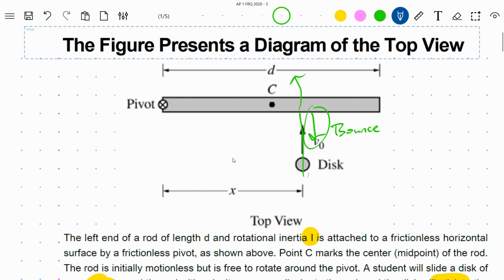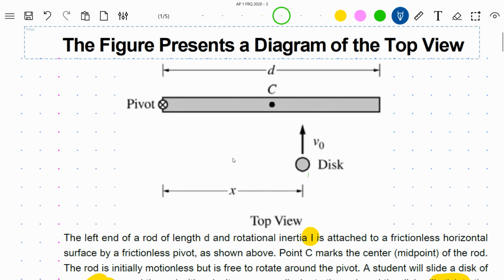So in terms of angular momentum, as well as just linear velocity, the direction would reverse. And of course, that's a much greater change in angular momentum than a mere reduction in angular velocity. So because the disk is going to change angular momentum in a very dramatic way in a bounce, more so than if it had stuck, that means that the angular momentum essentially transferred to the rod is greater in the case of the bounce.